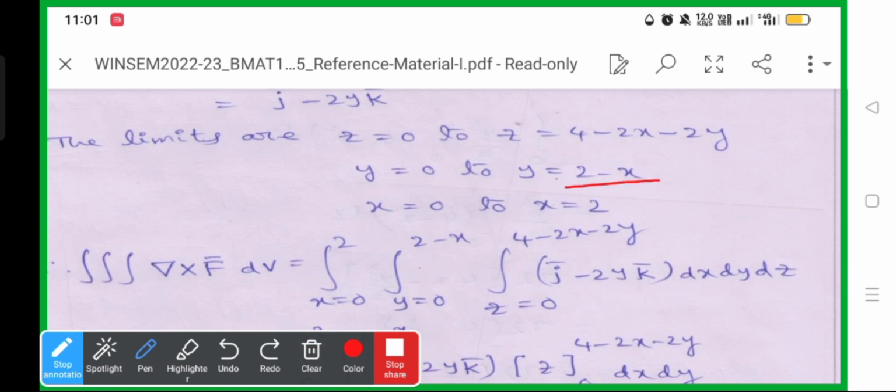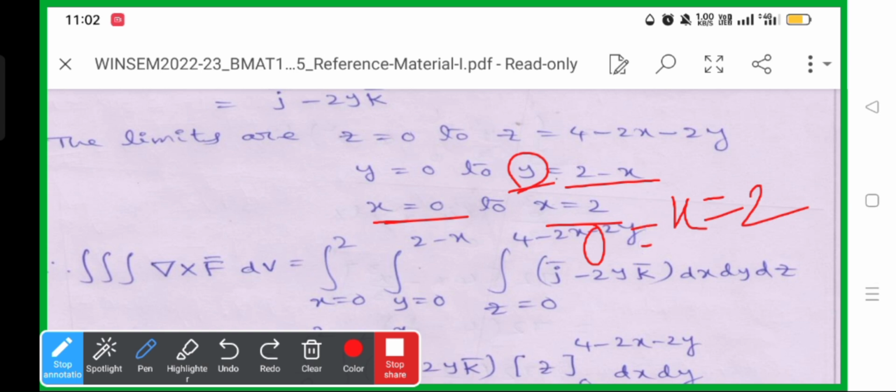Now again you have to put y equal to 0. Okay, now if y equal to 0, x is equal to 2 is the answer.